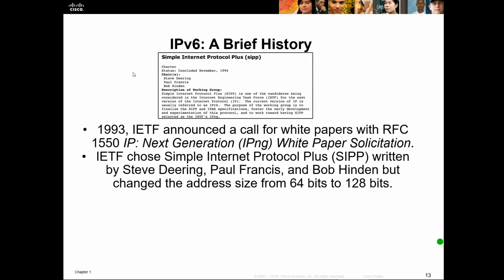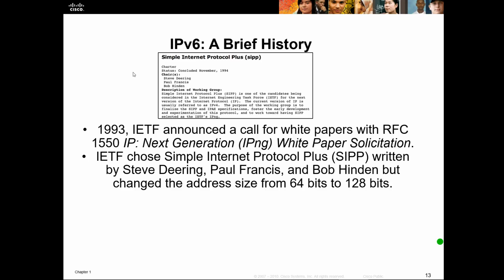The IETF chose Simple Internet Protocol Plus, written by Steve Deering. You guys can read the names. That was essentially to change the address size from 64-bit to 128-bit. But IPv4 had a 32-bit address, so where are we getting this 64-bit version?